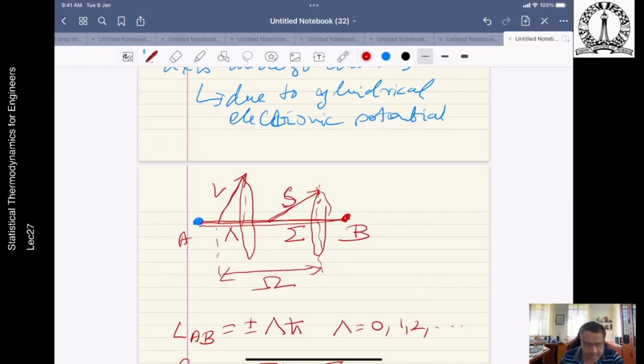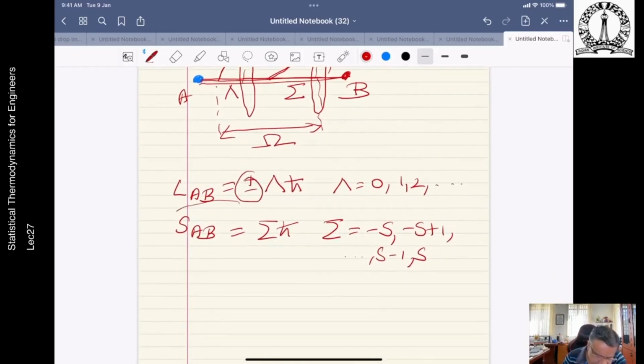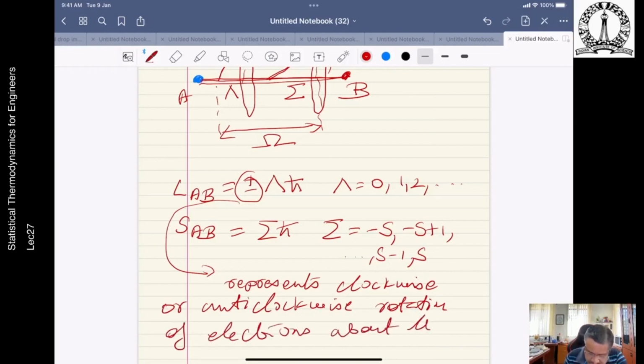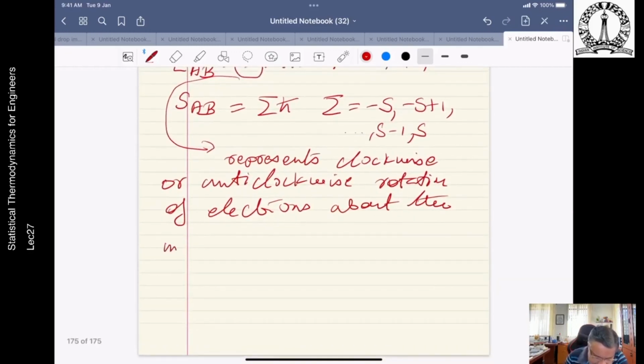All right, the plus minus term that you see over here represents clockwise or anti-clockwise rotation or circulation of electrons about the internuclear axis, not present in the case of spin.